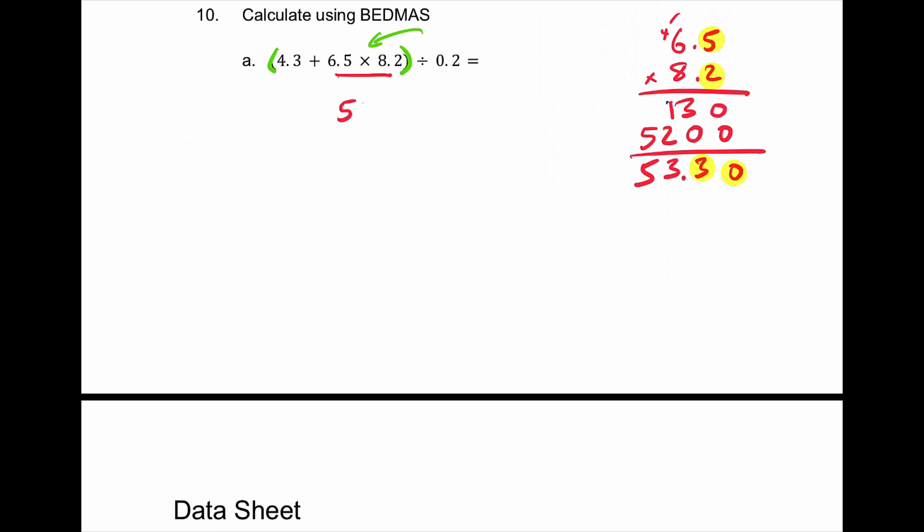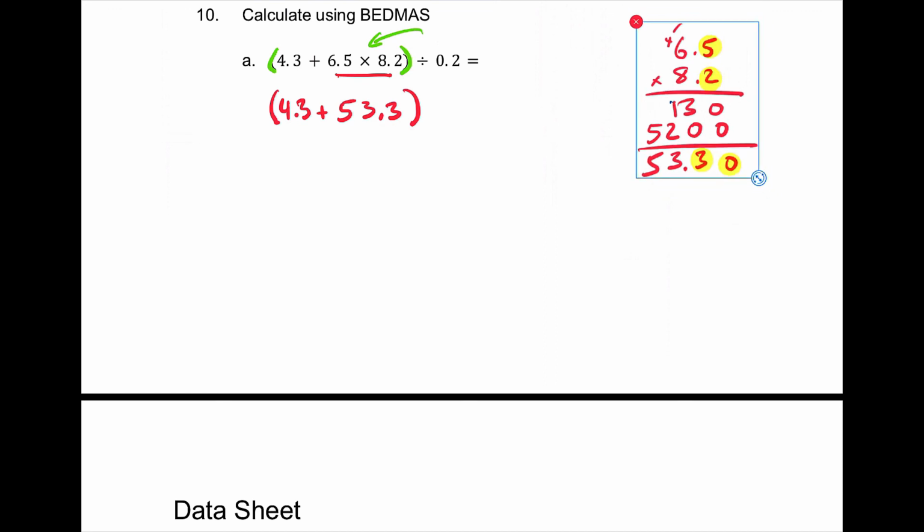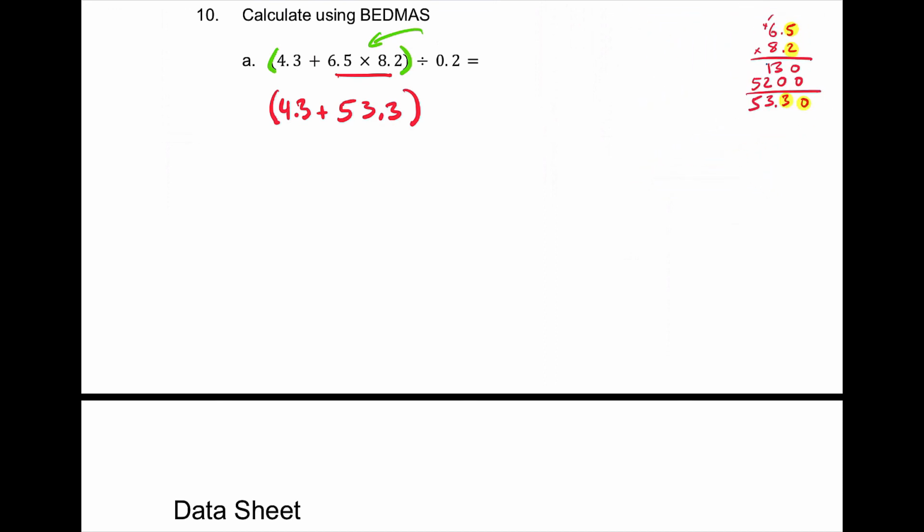So right here, this is 53.3, and I'm still inside here, so basically I have 4.3 plus 53.3. And again, I'll do this off to the side. Well, I don't really need to for numbers this small. So I could do it off to the side and stack them if you want to be extra careful.